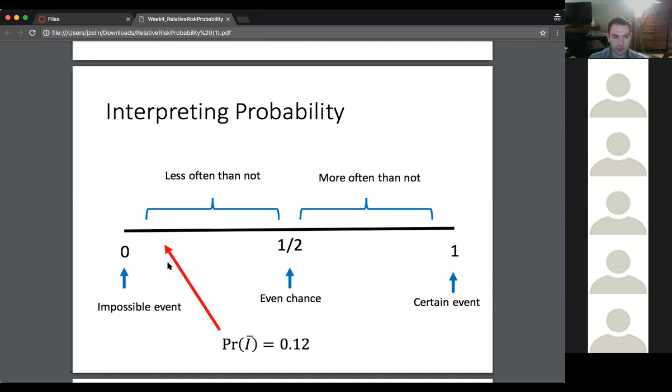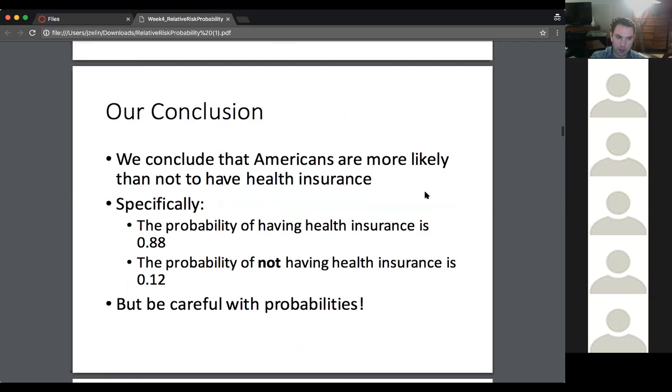You can see here that 12% is less likely to occur, and 0.88 would be somewhere over here, more likely to occur. So our conclusion is that Americans are more likely than not to have health insurance, because we said that 88% have health insurance and 12% do not.